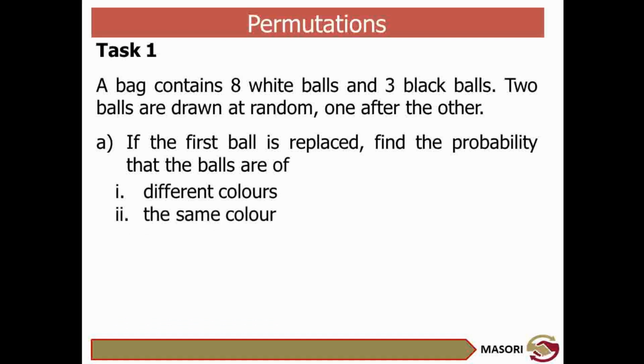Now, for us to be able to handle this question, we must understand what is going on. First, we note that there is replacement, meaning once you pick a ball, that ball must be replaced back so that the total still remains 11, 8 white and 3 black.